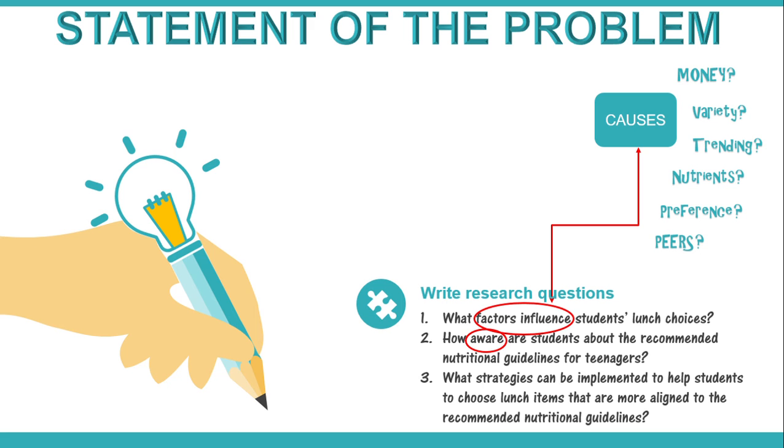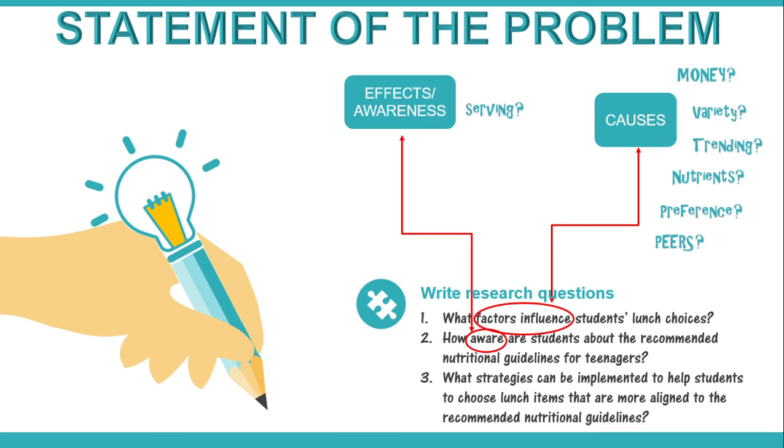Second question, we're looking at our effects or awareness. So how aware are the students about the nutritional guidelines? Are they aware of what a serving is, what a serving size is? Are they aware of what nutrients are and what nutritional value is all about?